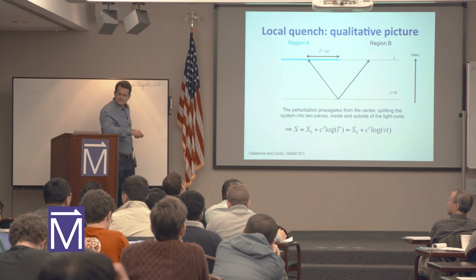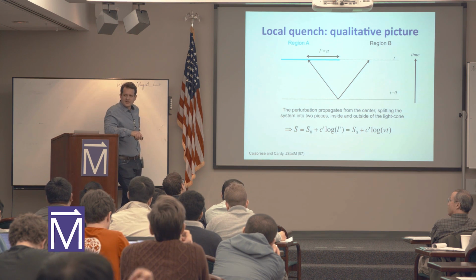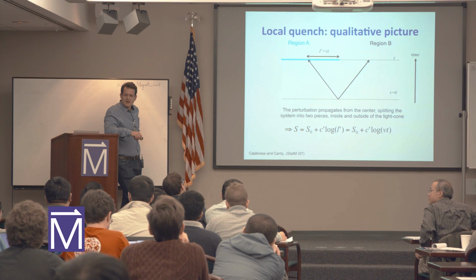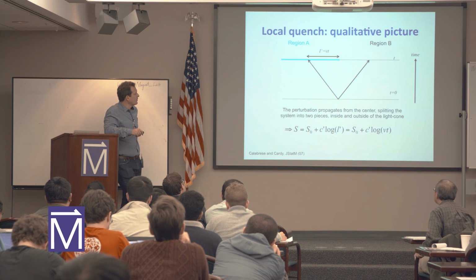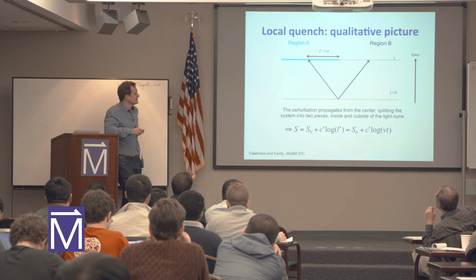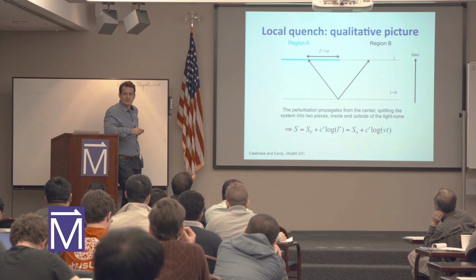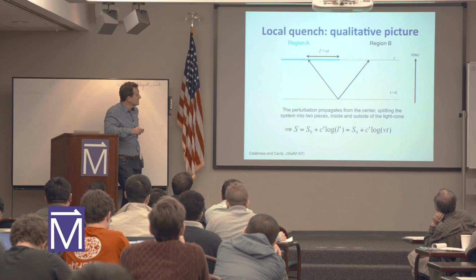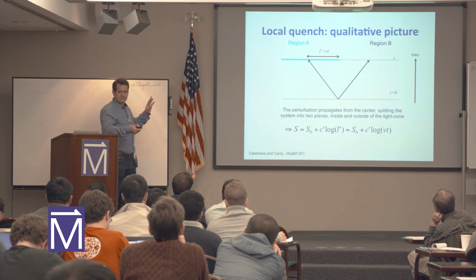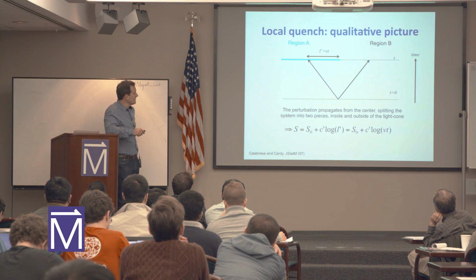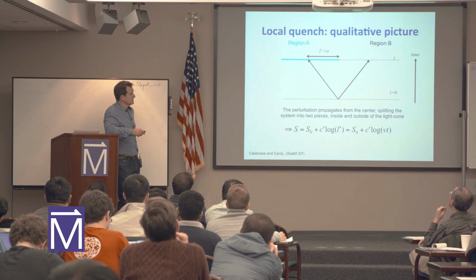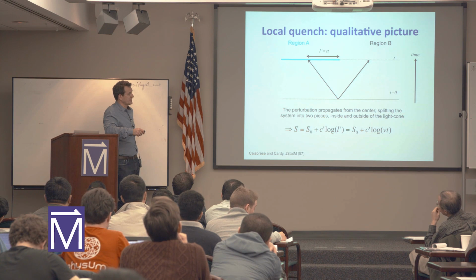I'm confused. If there's only one pair of quasi-particles, I expect it's log 2. Right. But yeah, you're right. This pair is actually getting scrambled with all the particles here. This is a very qualitative, hand-waving picture. But everything inside here is getting scrambled, and it's going to get entangled to everything that this spin left behind when it flew here.